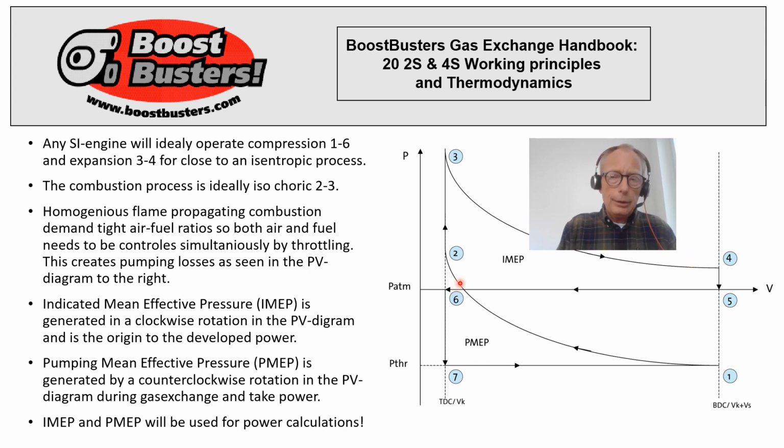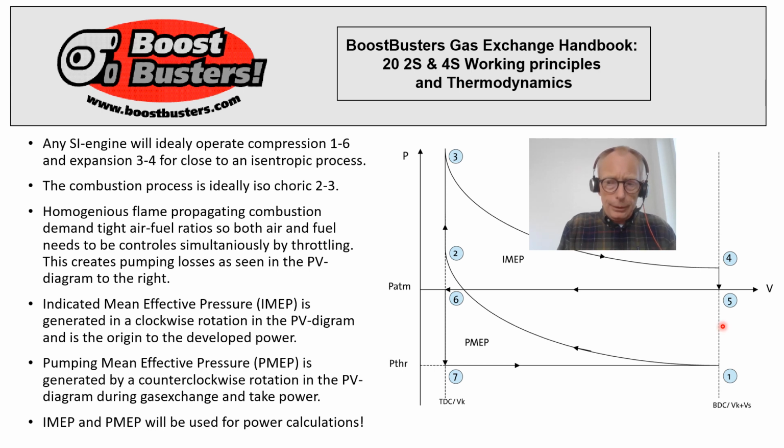Between the compression and the expansion, we have the heat release. And ideally, the heat release in a four-stroke engine happens isochorically, at a constant volume, so a vertical line between 2 and 3. Coming down to bottom dead center to point 4, heat is also rejected in a more or less isochoric fashion.